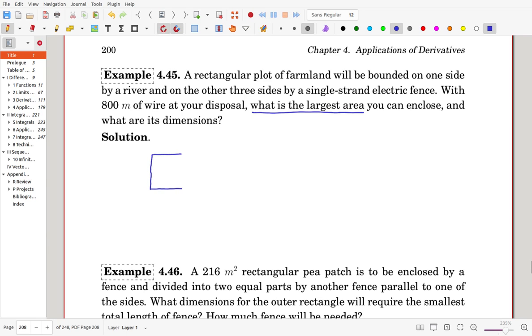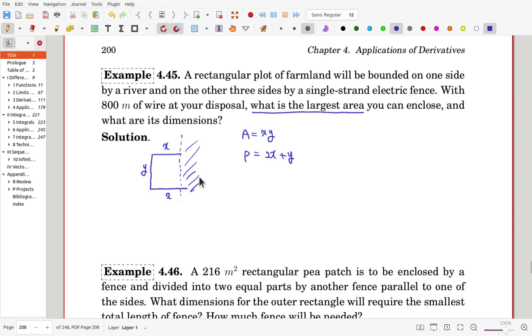So one side has no fence, and this is a river. So we want to make such a fence, and if we say that one side is x and the other is y, then the area will be xy. But the required length of perimeter is 2x and only 1y.